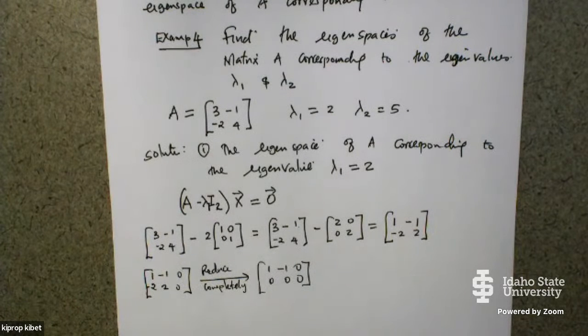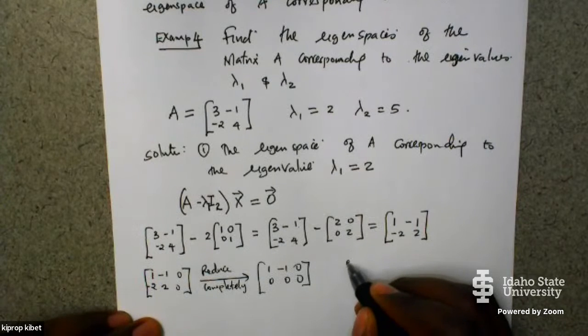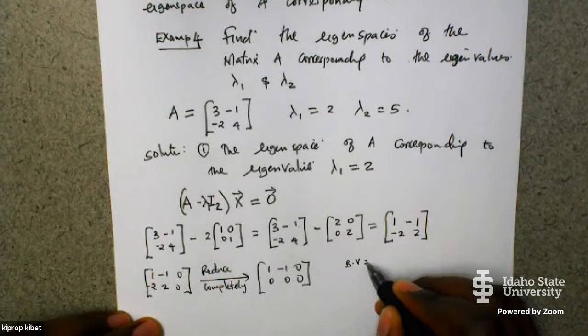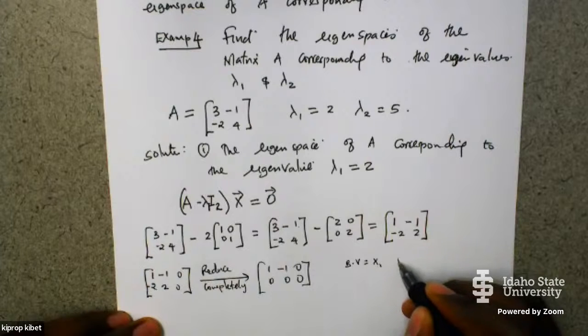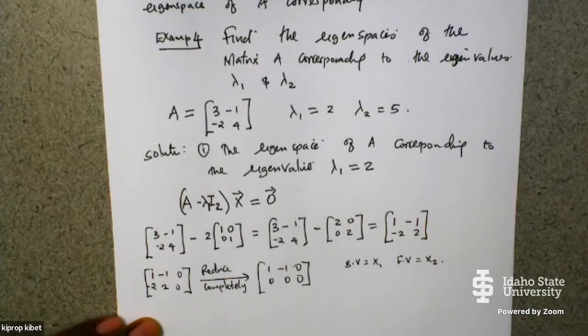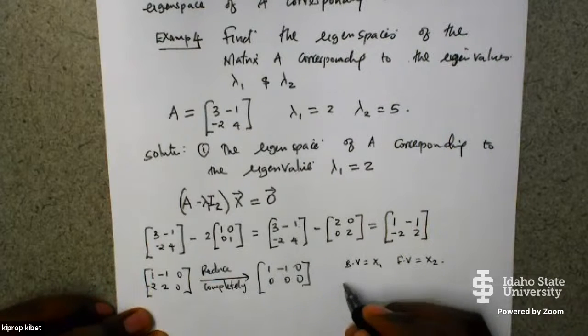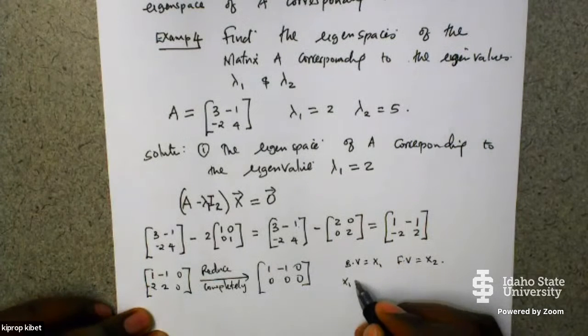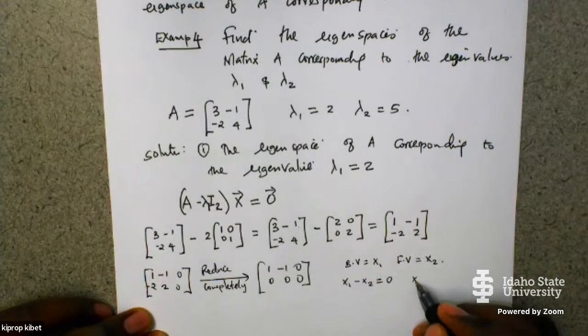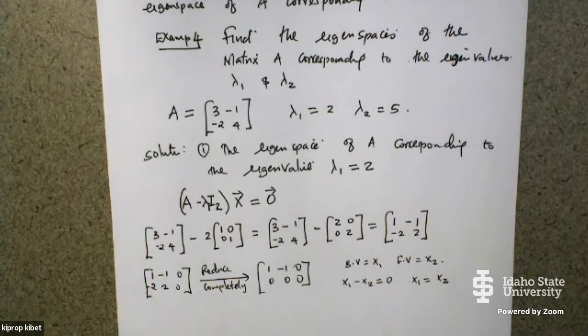So therefore, our basic variable is x1, and our free variable is x2. Now, our final linear equation here is x1 minus x2 equals 0. So x1 equals x2.